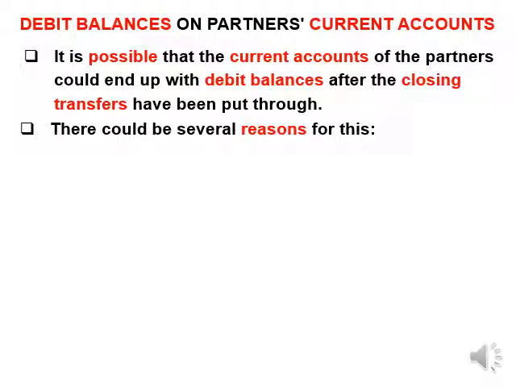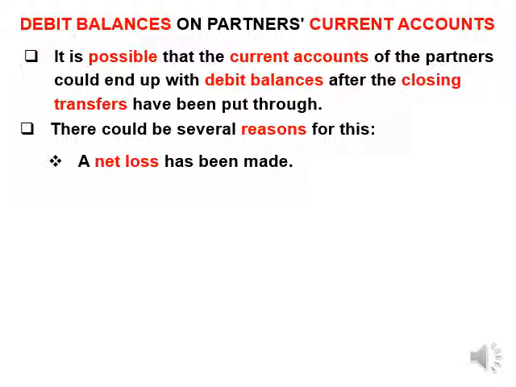The reason for this could be that a net loss was made. Remember, when we made a profit, we debit the profit and loss account and credit the appropriation account. Then we have our primary distribution and our secondary distribution, and our current accounts are credited.